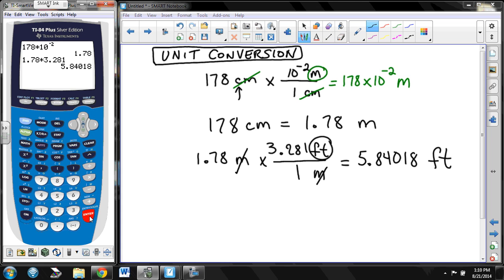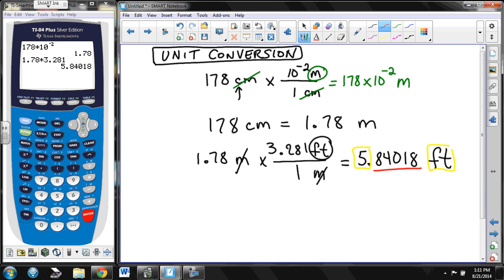So between 5 and 6 feet. Suppose you want to be a little more exact than that. Well, we know we can write out the 5 feet separately, right? So let's just change the decimal part of this answer into inches.